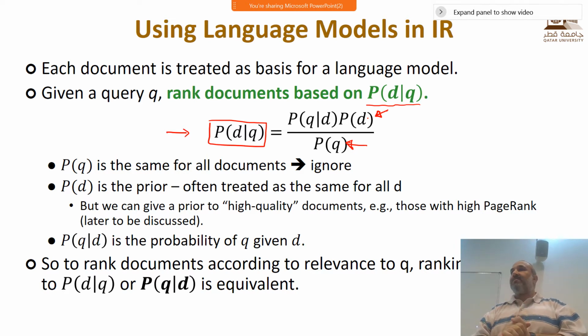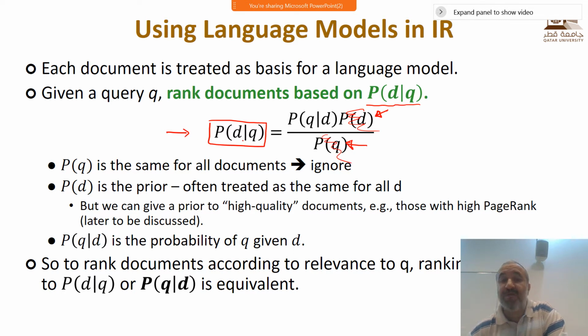What is left? P of Q given D. What is the meaning of that probability? That is the probability of generating the query from the document. That's what we are after. That means that we will ignore this one, and we will ignore this one.